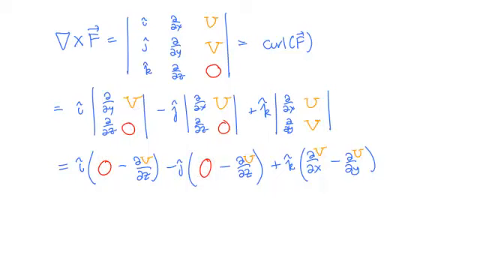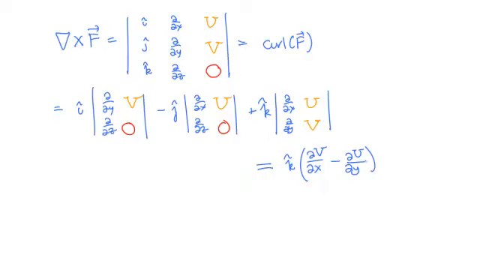But remember, u and v are functions of x and y, and so the partial derivative of v with respect to z would also be 0, as would be the partial derivative of u with respect to z. And so, in fact, the curl would simplify to the vector ∂v/∂x minus ∂u/∂y times k.